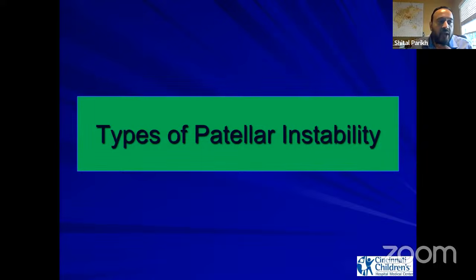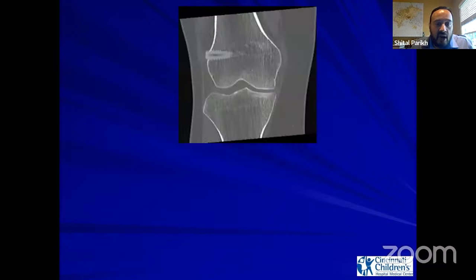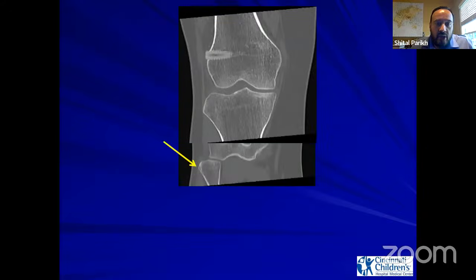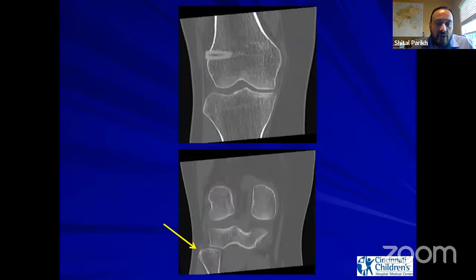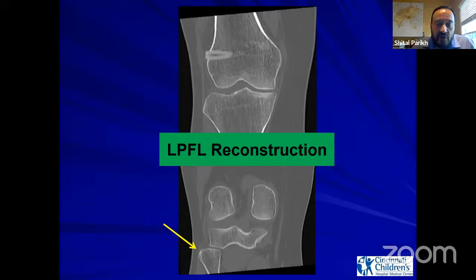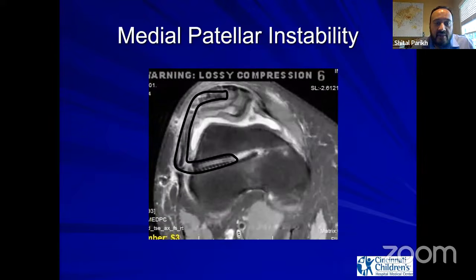Now, before we look at the typical lateral patellar instability, it is better to just know different types of instability that are out there. If we look at this picture here, what you note is that the screw is on the lateral side. This is not an MPFL reconstruction. It's actually a lateral patellofemoral ligament reconstruction, which is done for medial patellar instability.